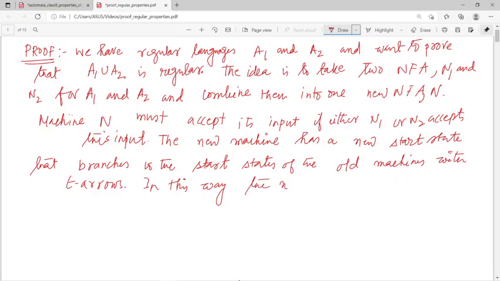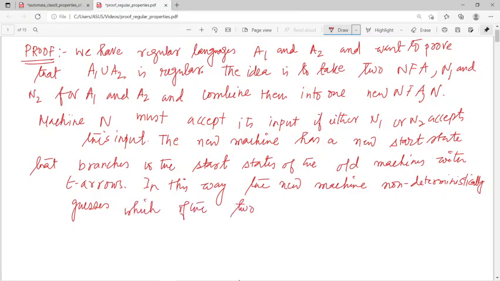তার মানে আমি একে দেখাচ্ছি তোমায়, in this way the new machine non-deterministically guesses which of the two machines accepts the input.